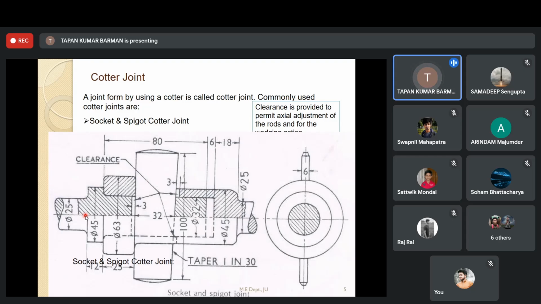But my point here is, we have taken the side view here. So this is the side view. Is there any difficulty to understand this thing? It may be left hand side view or right hand side view. Now how to understand whether it is left hand side view or right hand side view?